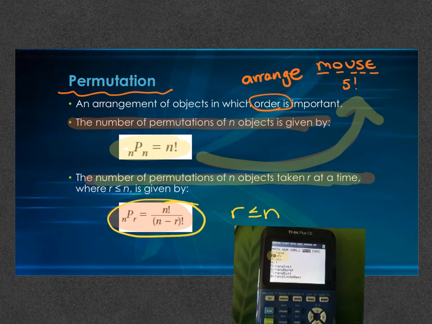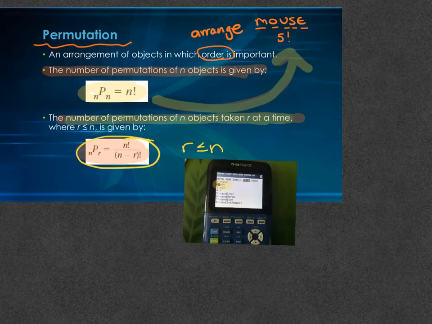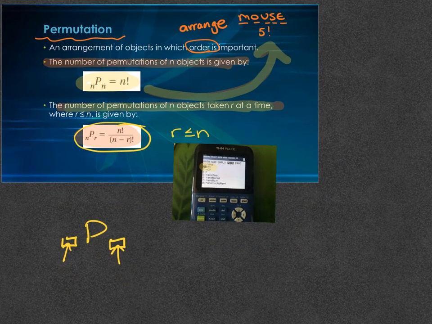So this is where calculators behave differently. On the newer graphing calculator, if you hit that button, it actually gives you a little space to fill. It looks like this. And it gives you a space to fill the n and a space to fill the r. That's how the newer graphing calculators work.